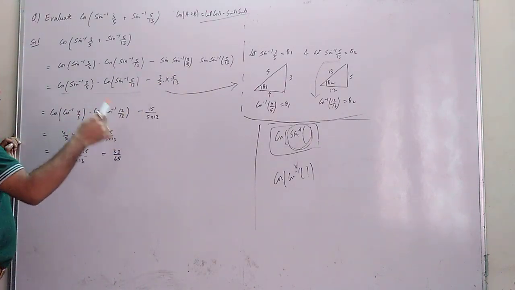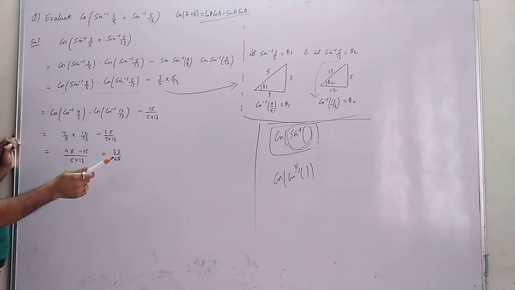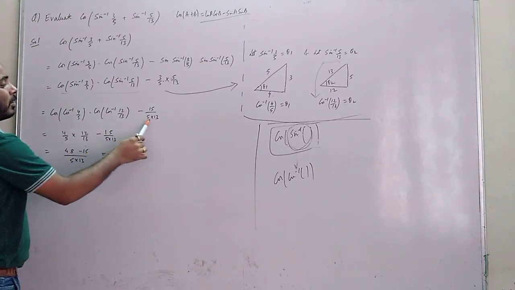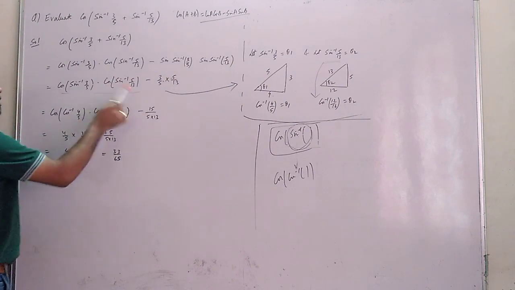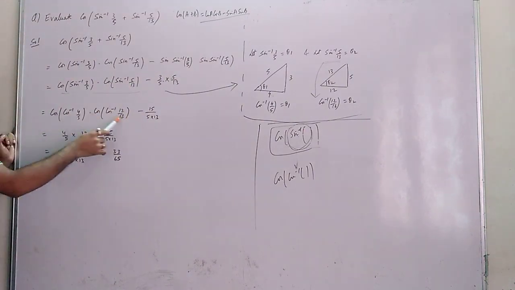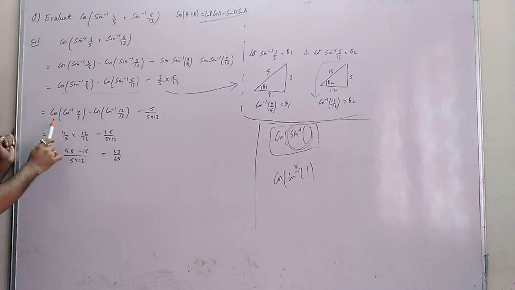If I cancel, the LCM will be different, again a problem of calculation. That is the reason I am not cancelling the 5s, because the LCM will be the same. See, here also 5 by 13 has come. So now cos of cos inverse 4 by 5, cos of cos inverse is gone, 12 by 13. Now see, the LCMs are the same. So 48 minus 15, 33 by 65.